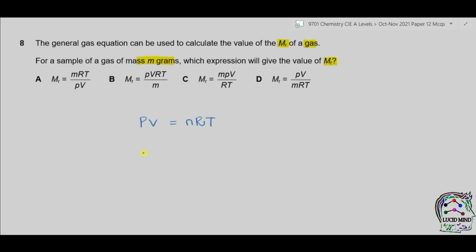We can also write this as PV equal to, as number of moles is equal to mass in grams divided by molecular mass, mass in grams divided by mR times R and T. Now we can rearrange to find the value of mR. mR will be equal to mass in grams times R times T divided by pressure times volume. Correct expression is therefore given in A.